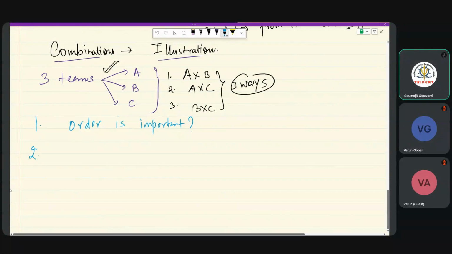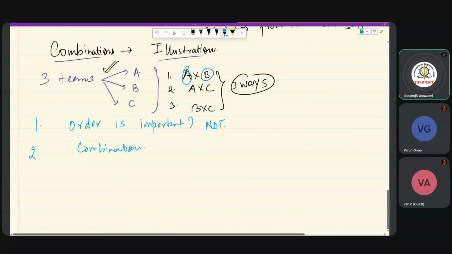Number two, if I know whether the order is important or not, the answer to that is no, because India playing against USA, USA playing against India, is the same thing, order is not important. So now I know it is a combination.